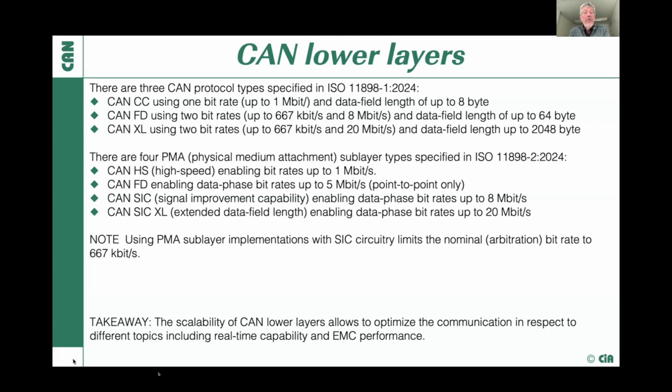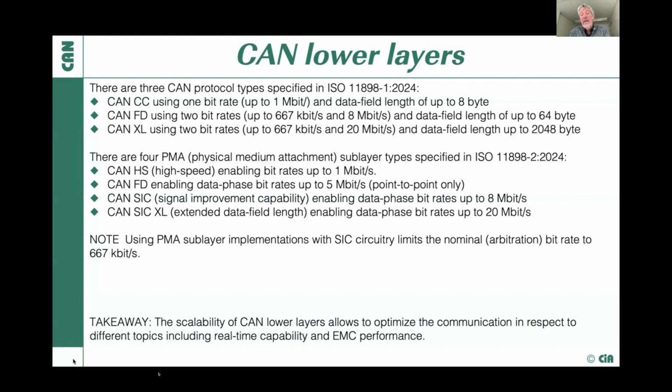We also have 4 different options for the physical media attachment, or what you would call the transceiver chips. We have the CAN high-speed transceiver chips enabling bit rates up to 1 megabit. For CAN FD, we can go up to 5 megabit, but only for point-to-point communications. CAN SIC transceiver allows bit rates in the data phase of up to 8 megabit per second.